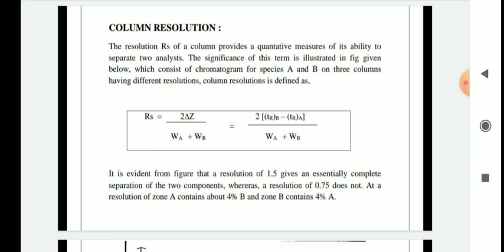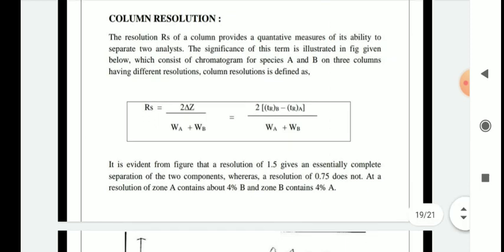What are WA and WB? WA and WB are the base widths of the peaks of A and B. tRB and tRA are the retention times of B and A.